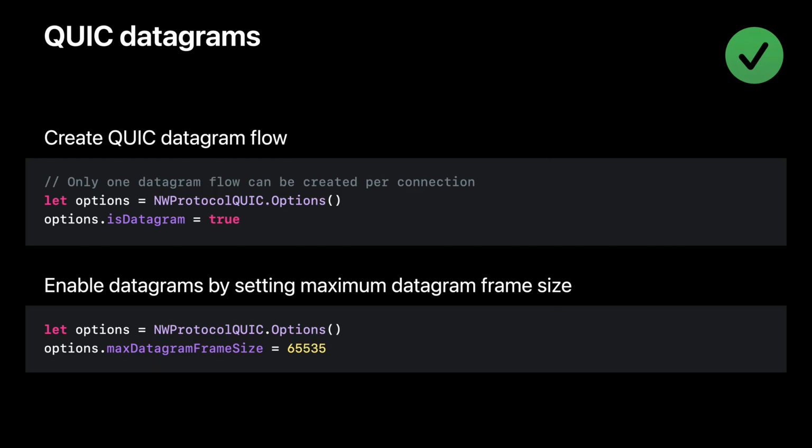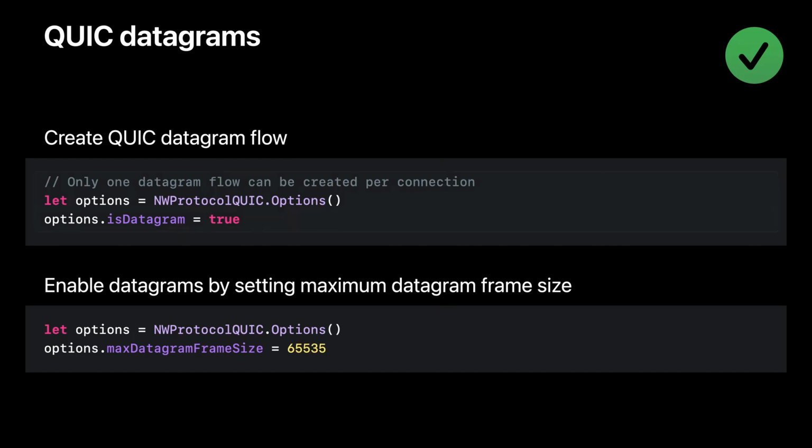If you design your own protocol that uses UDP directly, iOS 16 and macOS Ventura introduce a better way to send datagrams. QUIC datagrams provide many benefits over plain UDP. The most important being that QUIC datagrams react to congestion in the network, which keeps the round-trip time low and reduces packet loss.